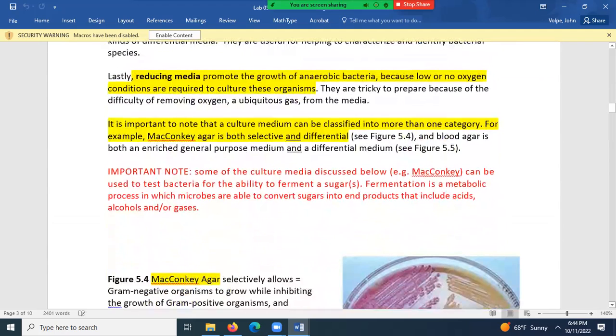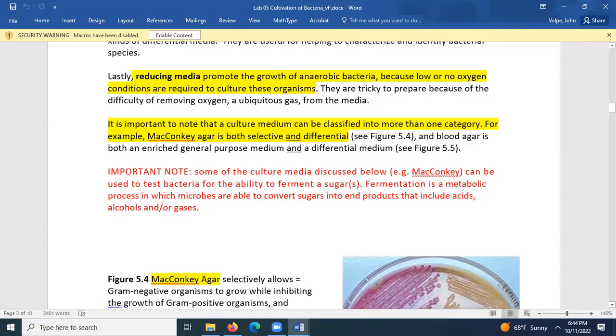And then lastly, there's reducing media. Reducing media promotes the growth of anaerobic bacteria because low or no oxygen conditions are required to grow these organisms. So we call an anaerobic media reducing media.